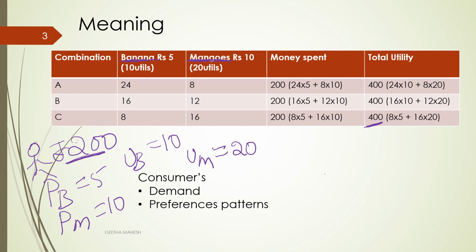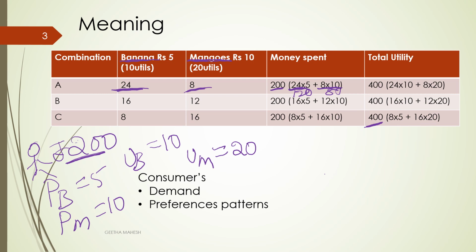Let us assume that the consumer wants to have 24 units of banana and 8 units of mango. The money spent on banana is equal to 120 and the money spent on mango is equal to 80, which is equal to 200.